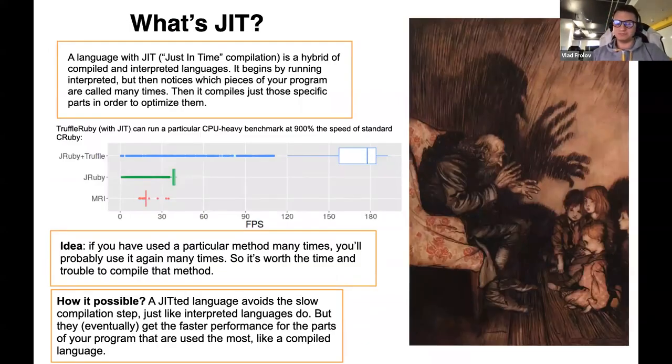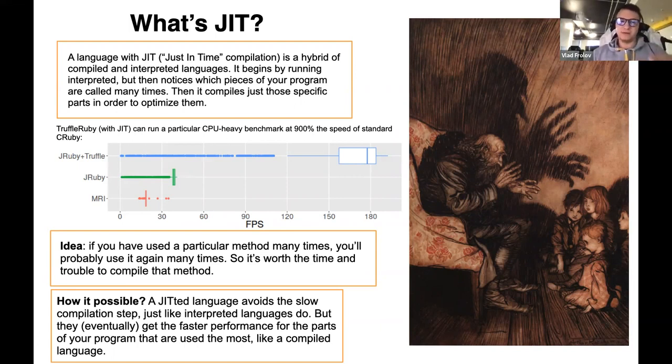What is JIT? It's one of the main reasons why Ruby 3 became 3 times faster. A language with JIT is a hybrid of compiled and interpreted languages. It begins by running the interpreter, but then notices which pieces of your program are called many times. Then it compiles just those specific parts in order to optimize them.